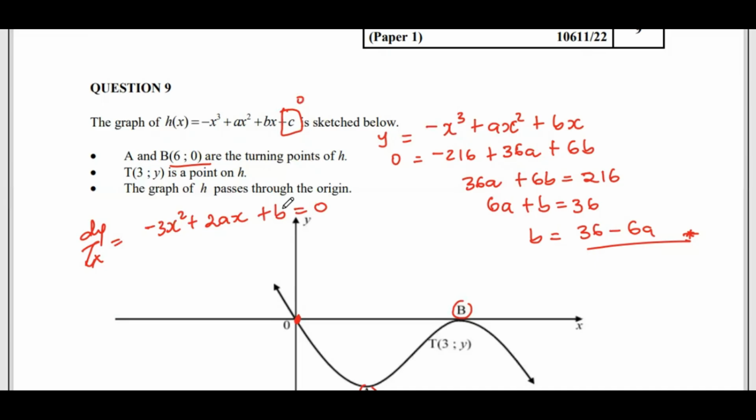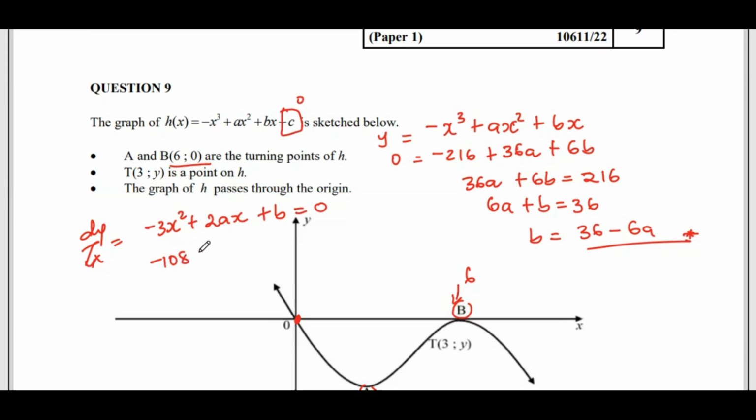Having done that, I feel like this is a long route. Yeah, it's a long route, but it's fine. Let's see. When I replace x with 6, that's going to be negative 3 times 36, which is 108.